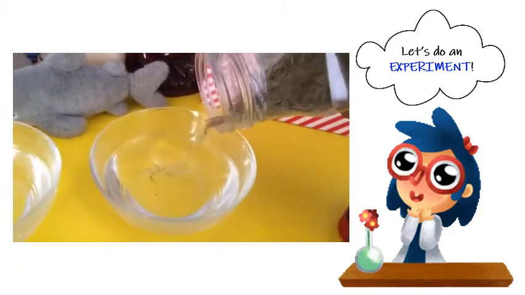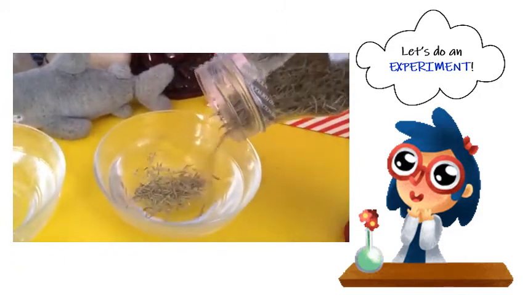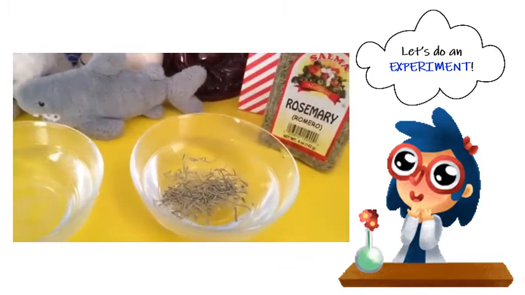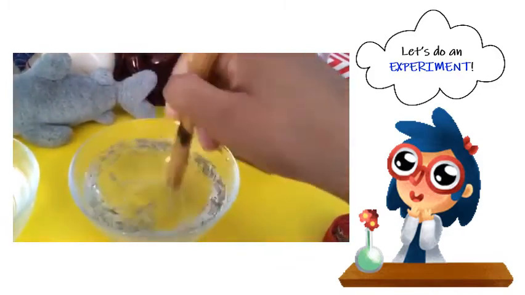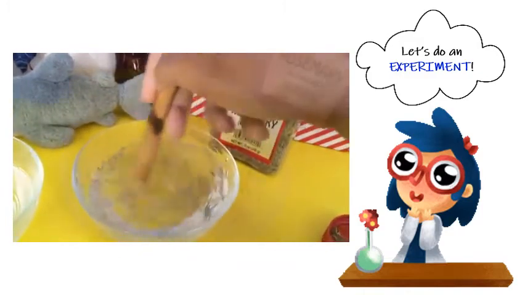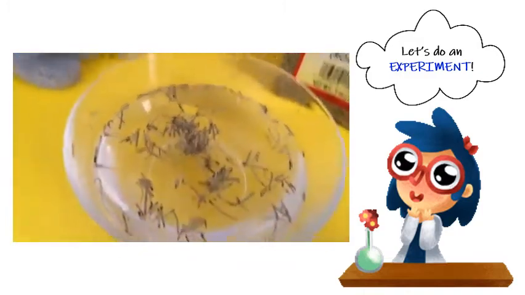Next, I'm going to pour the rosemary into the water and try to mix it in as best as I can. As you can see, the rosemary has not dissolved in the water at all.